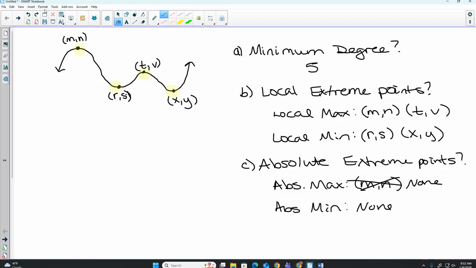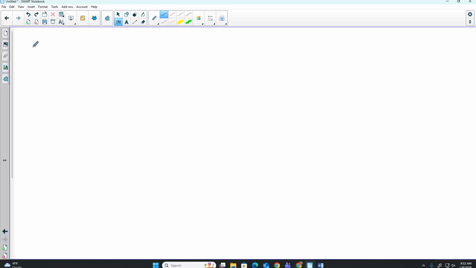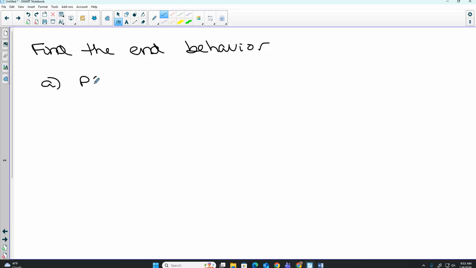We talked about end behavior. That's just drawing the arrows. So if I said this, for your end behavior, you're looking at the leading term only.